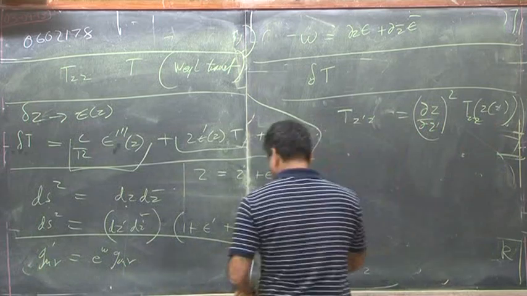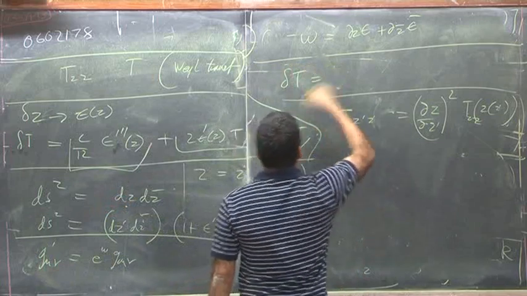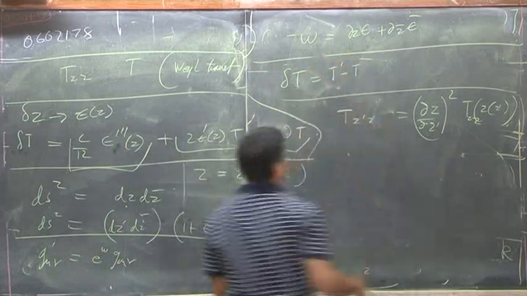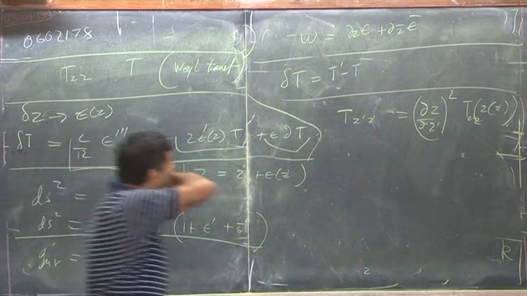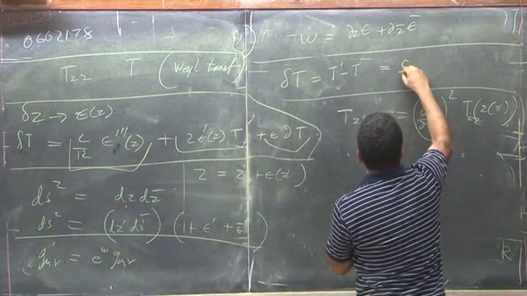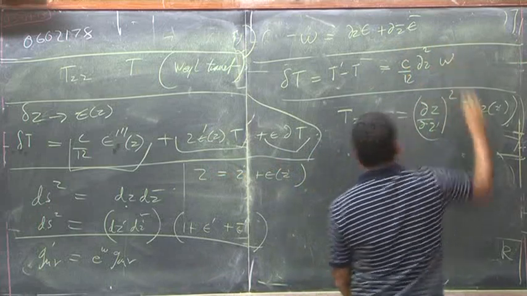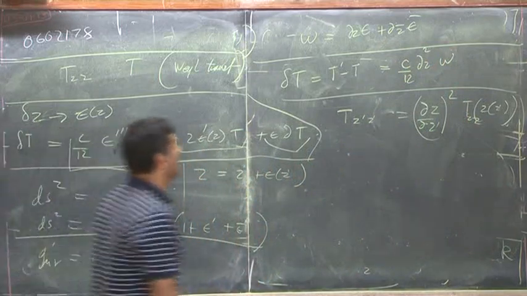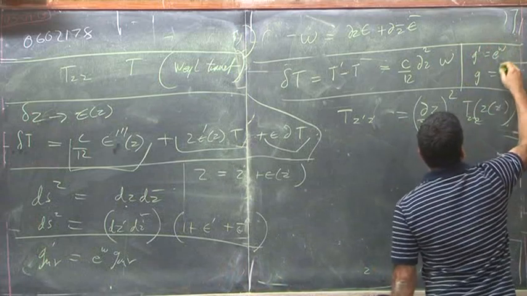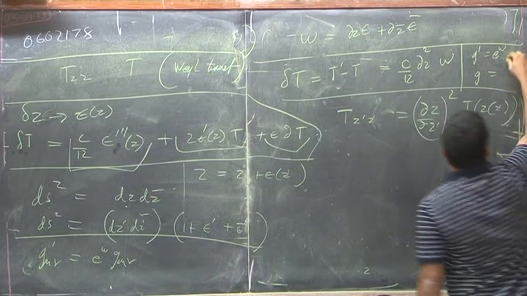What we see is that delta T, which is equal to T prime minus T, is equal to c by 12 del Z squared of W, where in the case that G prime is equal to e to the power W and G was equal to 1.